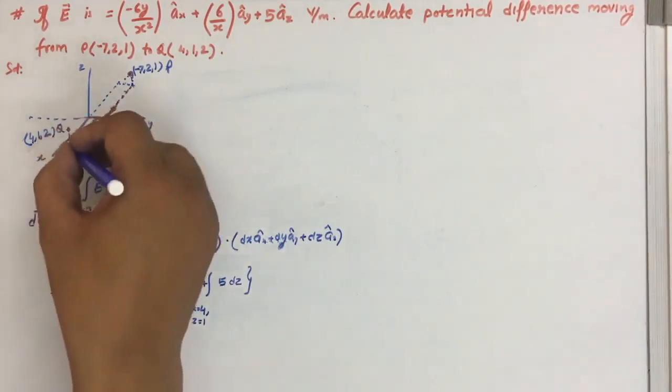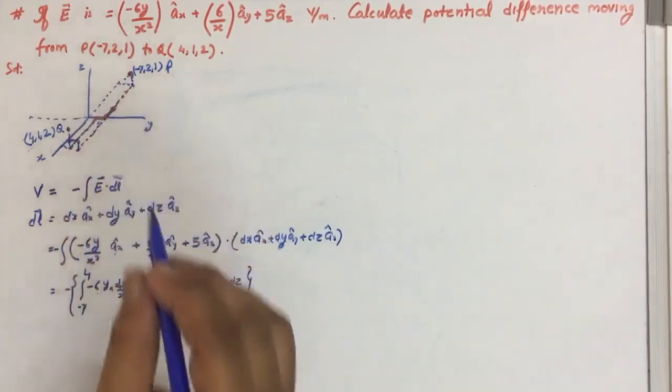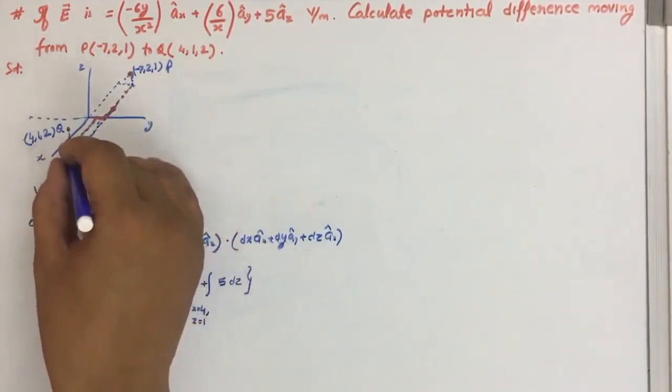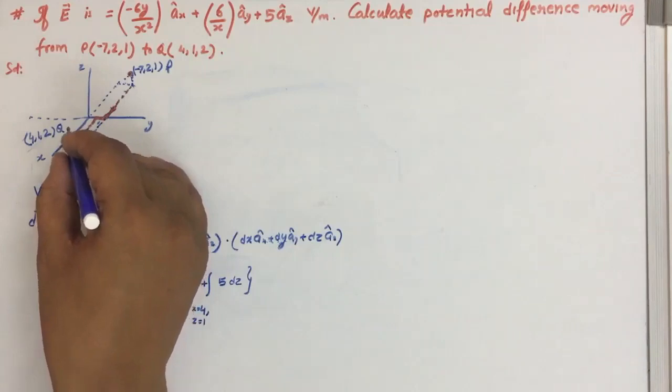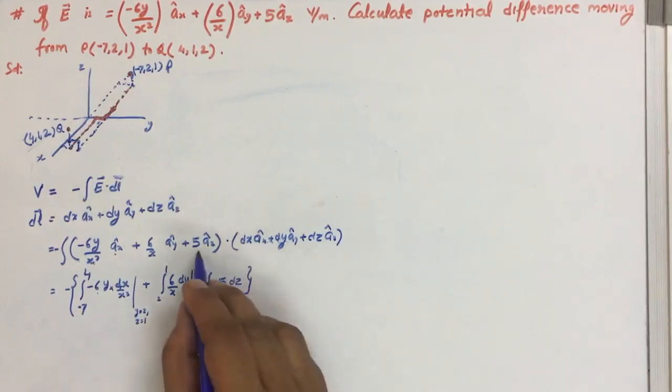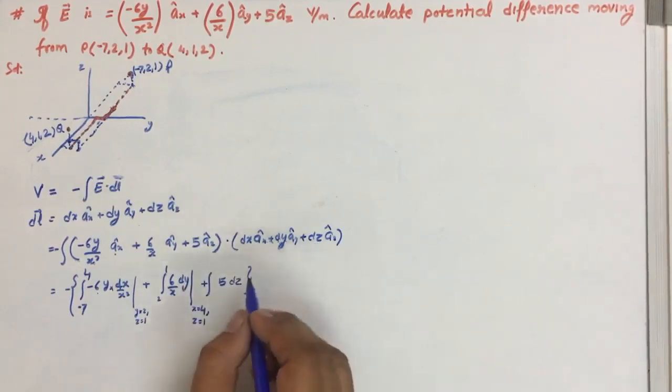Now we are at this point. Now we have to move from here to reach the final point Q. In which direction are we moving now? We are moving in the z direction only.